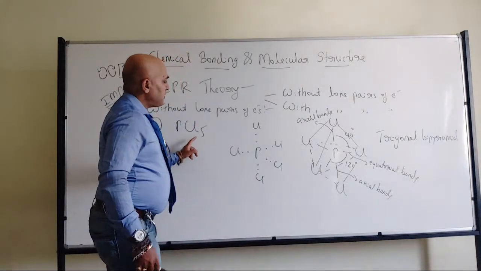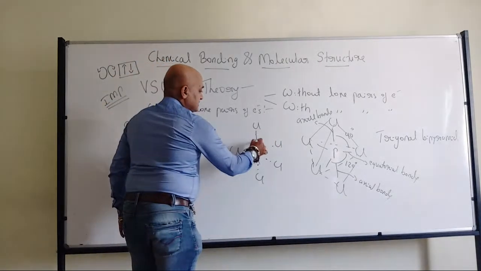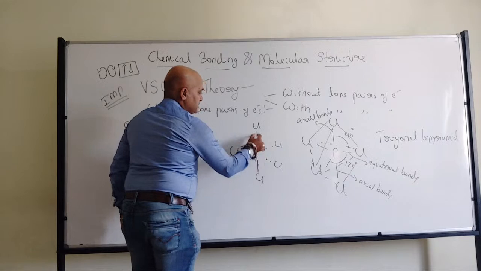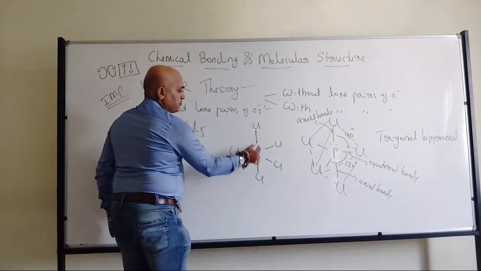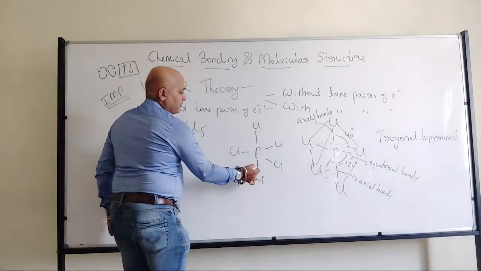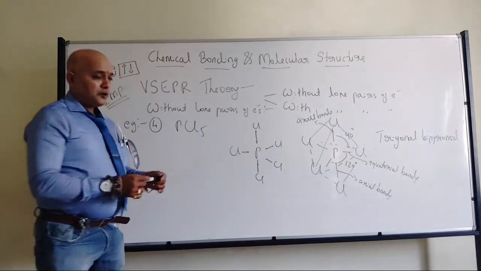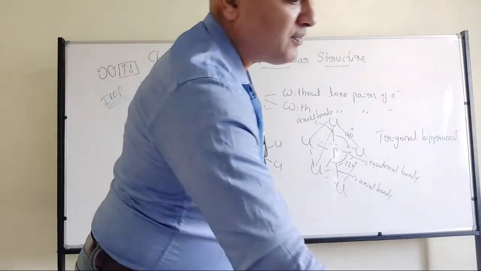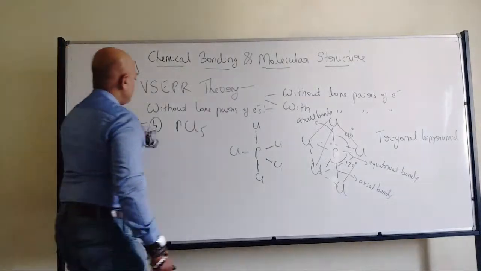In PCl5 all the bonds are not the same. Whatever axial bonds are there, to make you understand I am writing here, they will be longer compared to equatorial bonds. Got my point? That is with respect to PCl5.